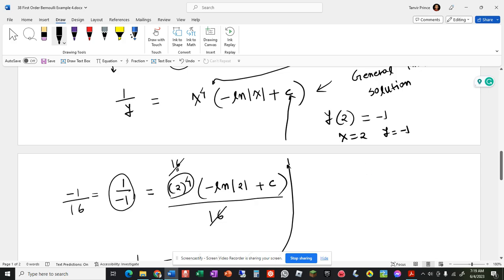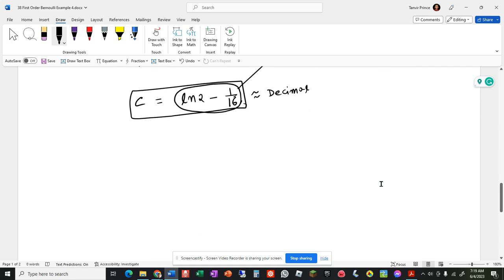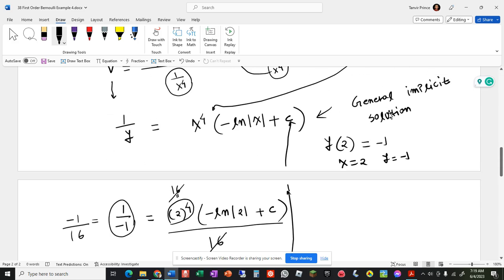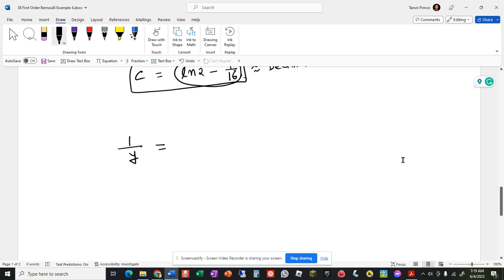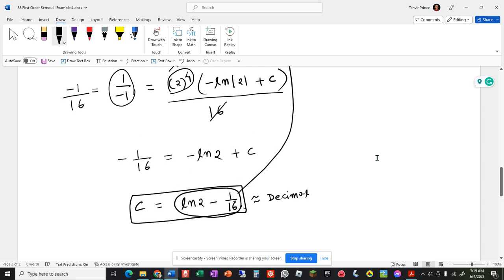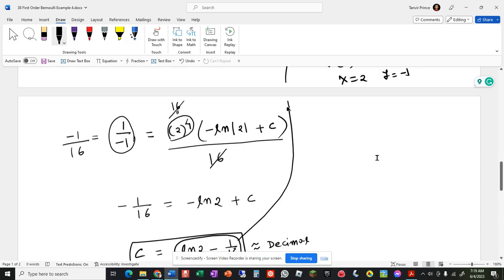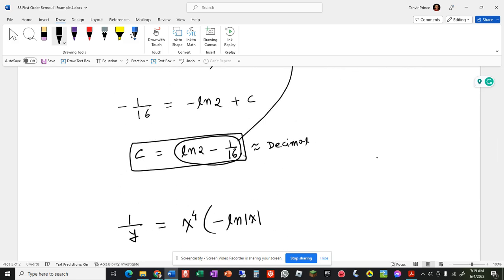So I get 1 over y equal to x to the 4 times negative ln of x plus c, but my c is this.